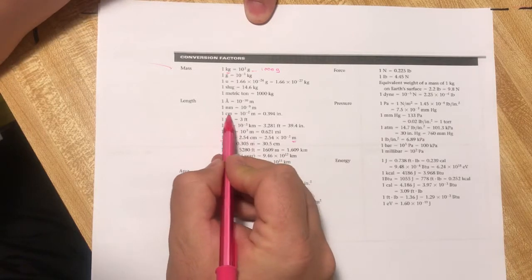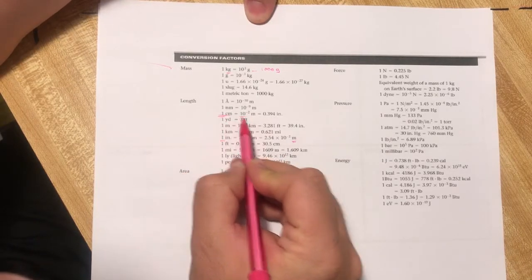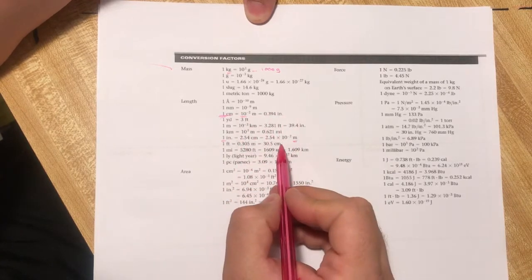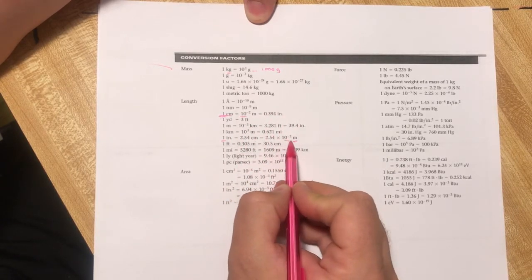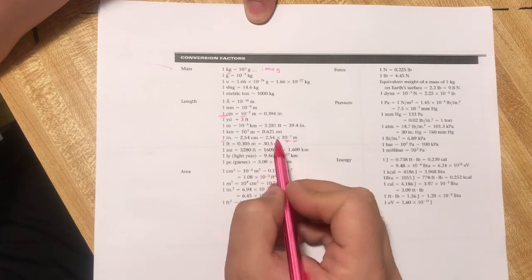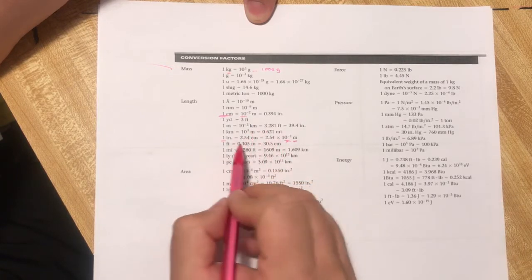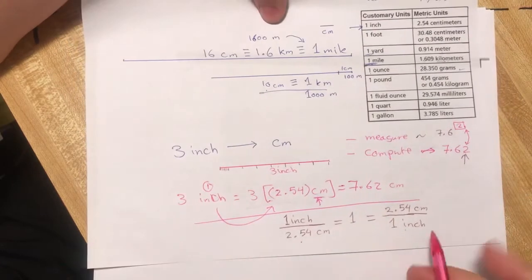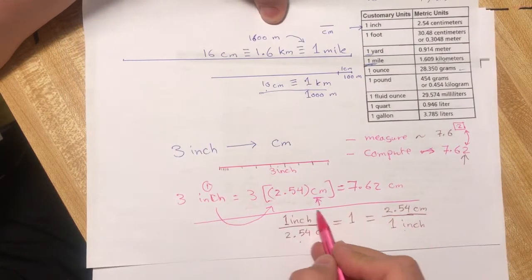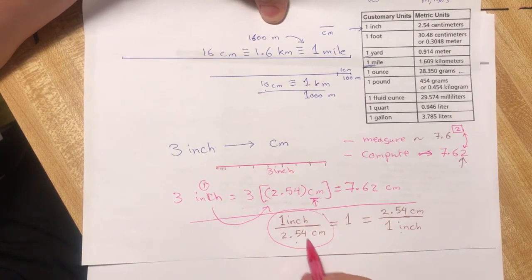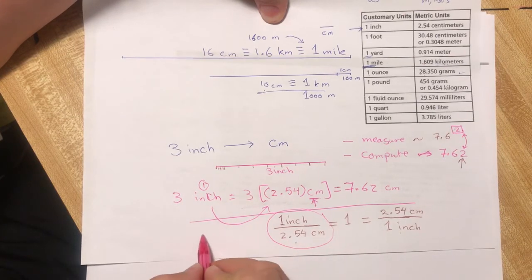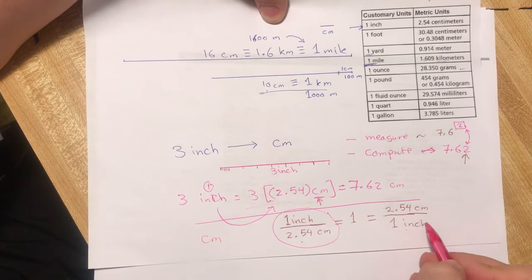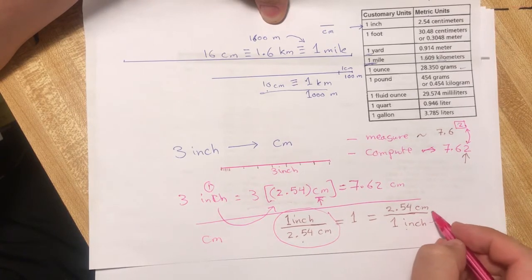Also 1 centimeter is 10 to the minus 2 meters. Because of that, I use it here. So this is the conversion factor which I use in this example. I have this conversion factor if I need to change from centimeters to inches, and this one if I need to exchange from inches to centimeters.